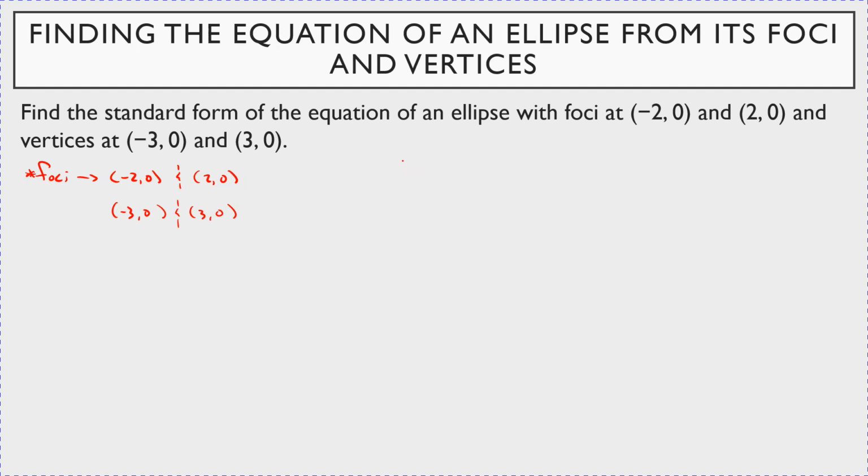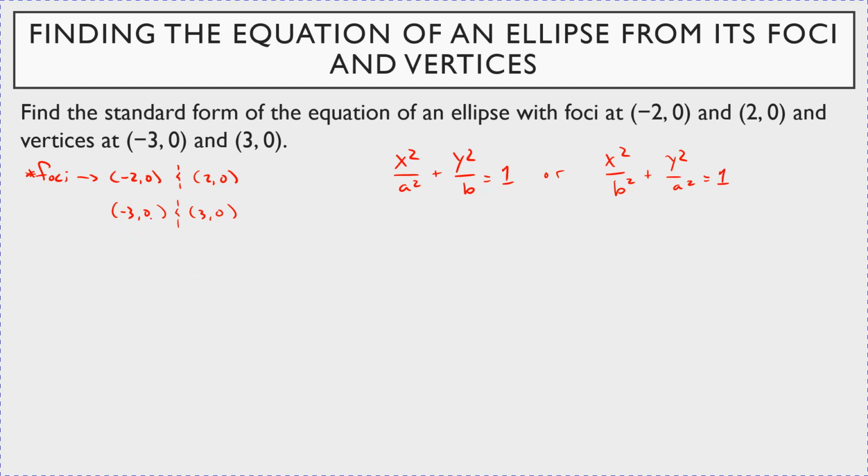So this is what we're going to need: x squared over a squared, or it could be over b squared, we're not sure yet, plus y squared over b squared is equal to 1. Or we have to decide if it's x squared over b squared plus y squared over a squared is equal to 1. So here's what's going on.